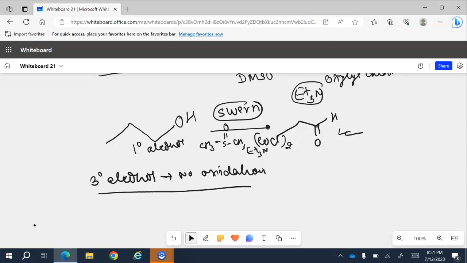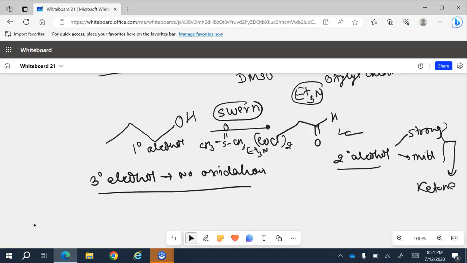And one more point to be noted, for the secondary alcohol, either we use the strong oxidizing agent or even the mild oxidizing agent, mild oxidizing agent like PCC, Swern, all will convert that into ketone. Secondary alcohol always gives ketone. Either we use strong or mild oxidizing agent, whereas tertiary alcohol, no oxidation takes place.